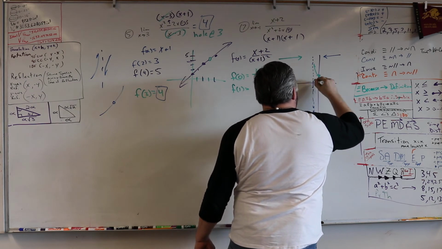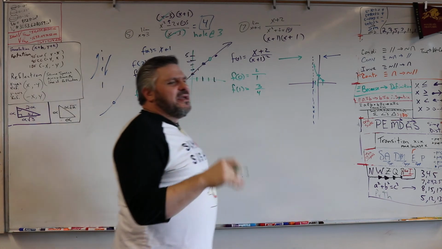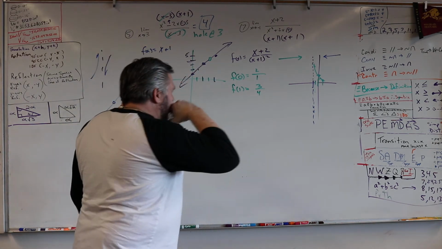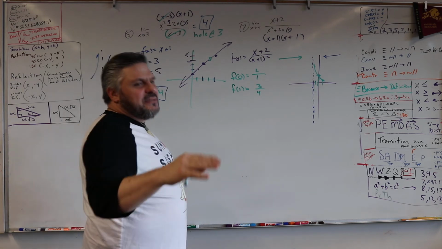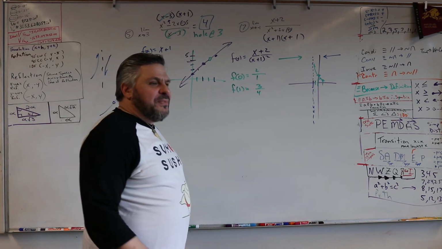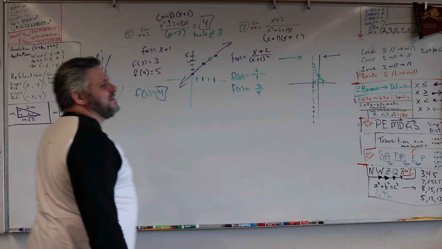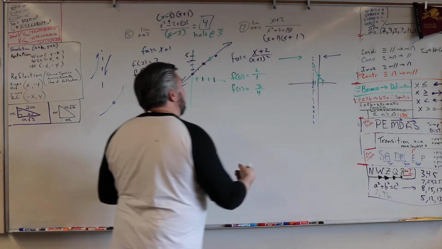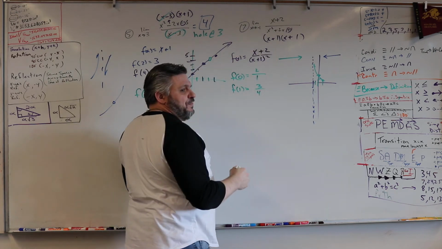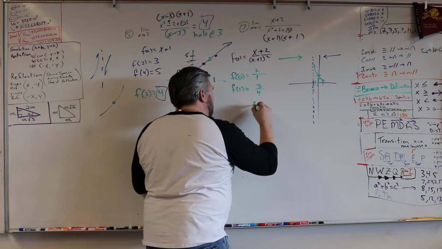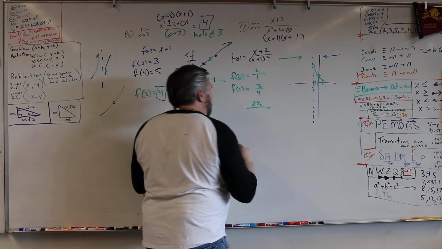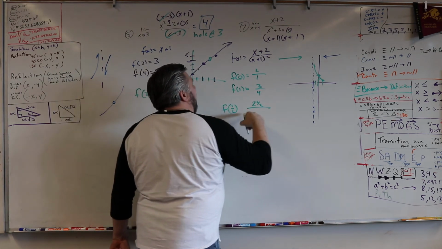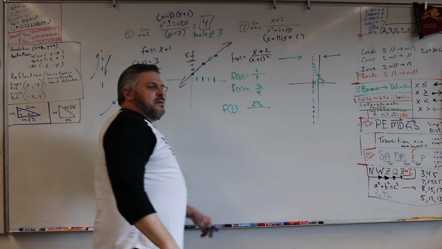So what we want to check here is negative 1/2, just to make sure that our estimate at 0 is valid, right? Now throwing in a 1/2 sucks, but this is calculus, we can do this. So what's a half plus 2? Very good, 2.5. And then, what is a half plus 1? 1.5.